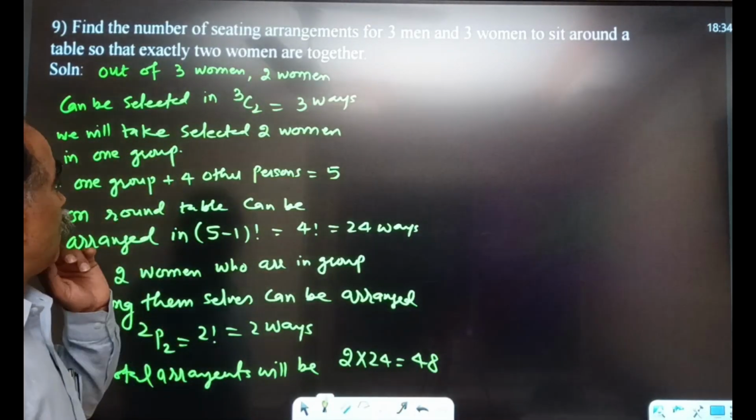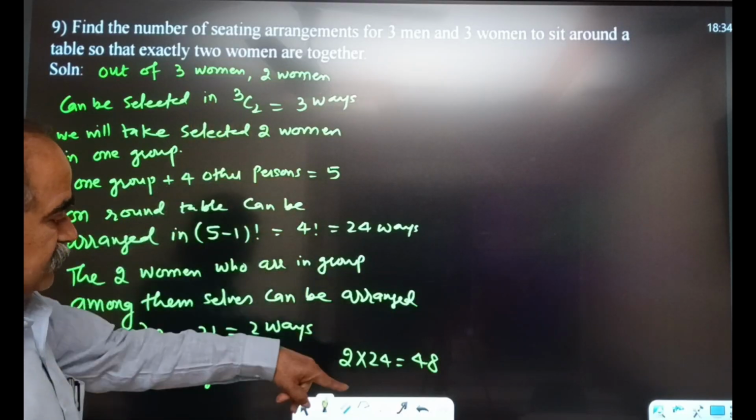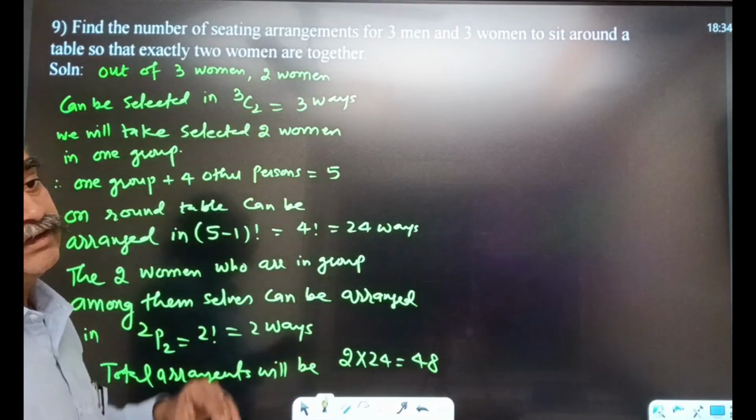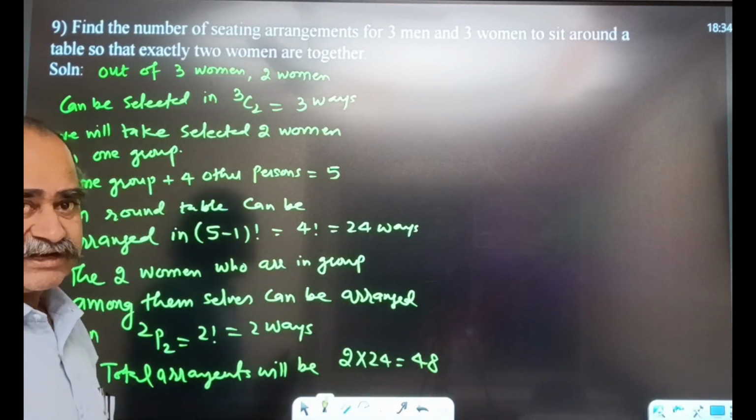This is one selection of 2 women. Like this, there are total 3 ways in which we are selecting 2 women.